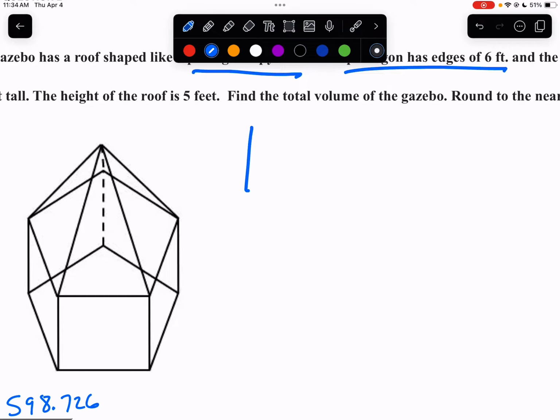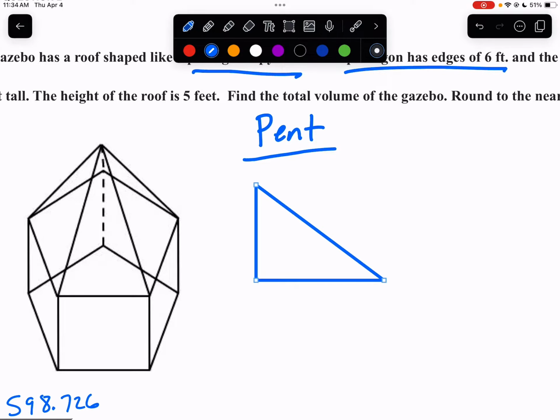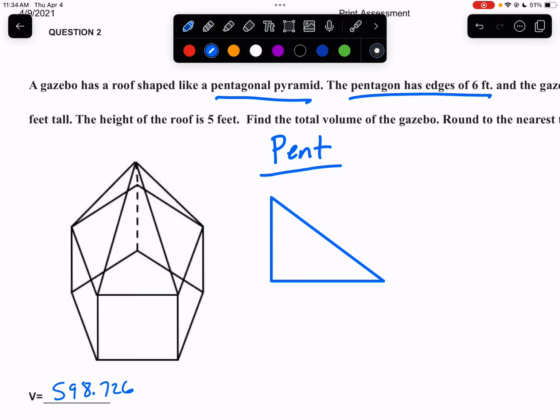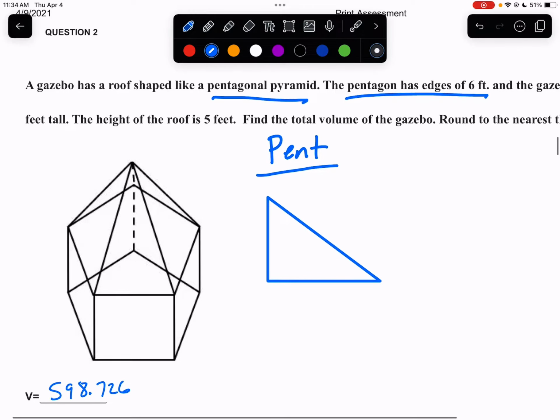Remember, every single time it's a regular polygon, you draw a right triangle. You do 360 divided by how many of these would fit. If it's a pentagon, 10 of them would fit. That's going to be 360 divided by 10. So you're going to get 36 degrees. And if these edges are all 6, then this number here would be 3.